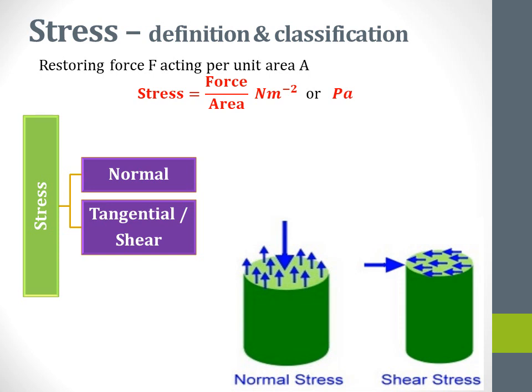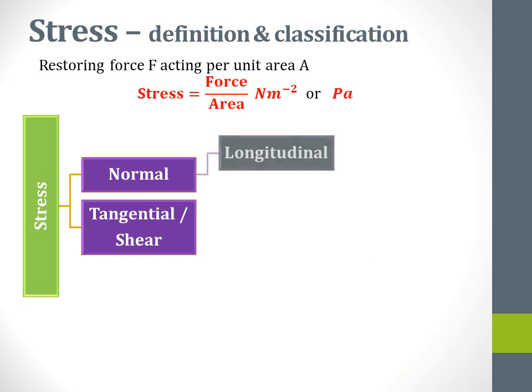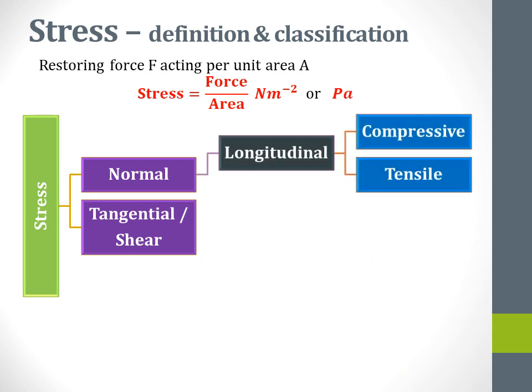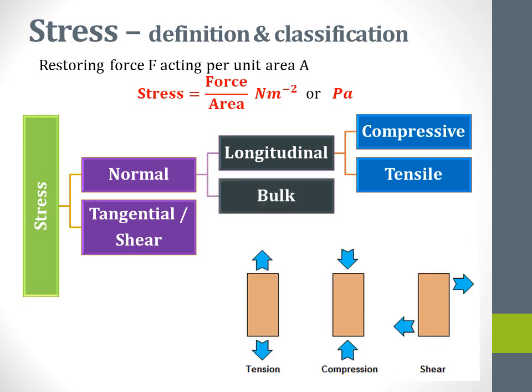Depending on where the stress is applied, we have a further classification of the normal stress as longitudinal stress, where we have compressive and tensile stress. There is another type of stress also. It is called as the bulk stress.